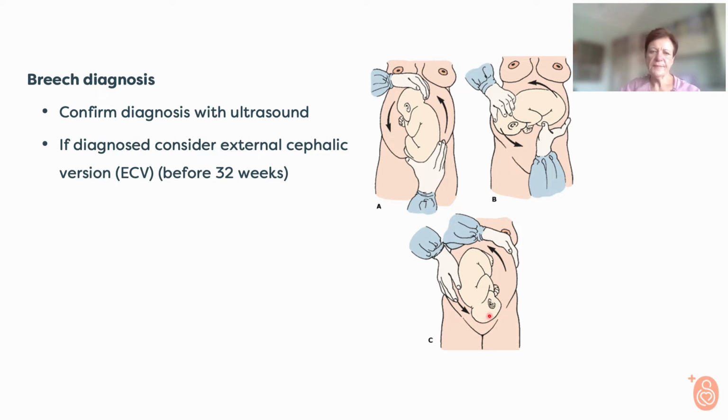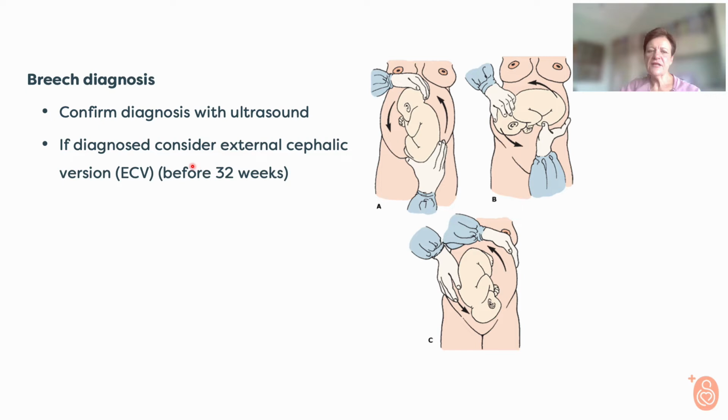Now, there's a lot of debate on whether this should be done or not. Some people feel that if a baby is in a breech presentation, there's a reason why it's in a breech presentation, and one shouldn't interfere with that. Very often, when babies are turned into a cephalic presentation, they turn back again to a breech presentation.